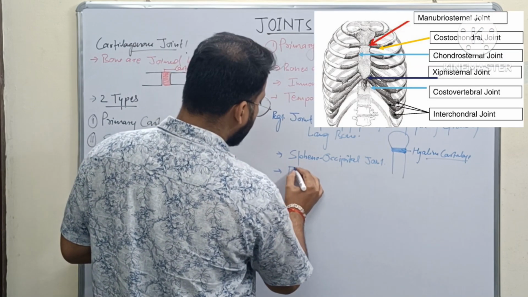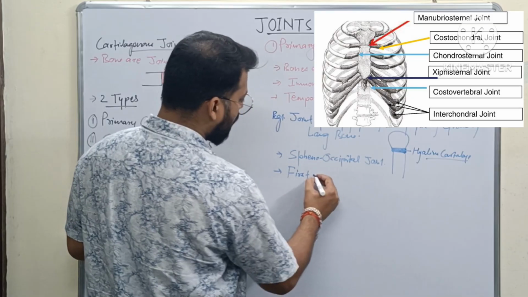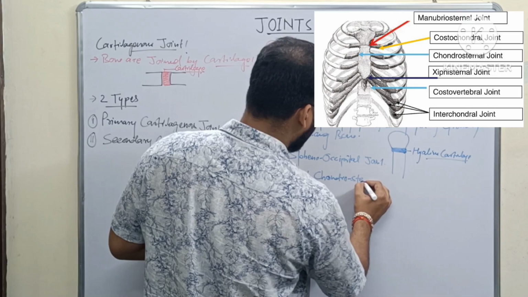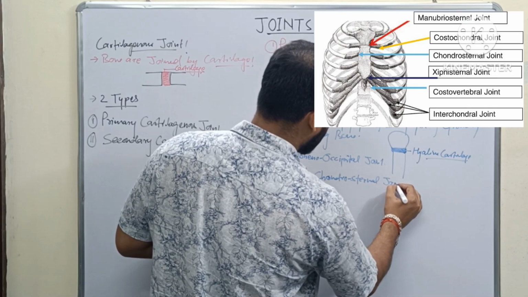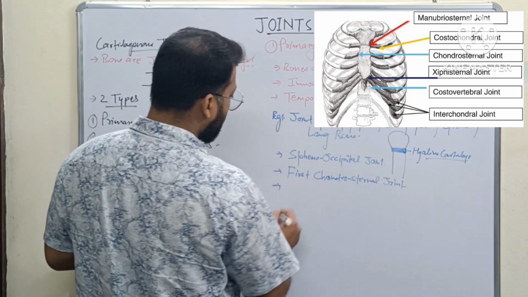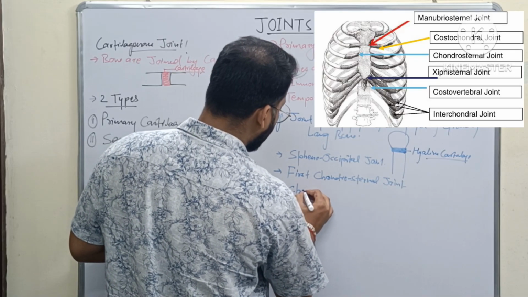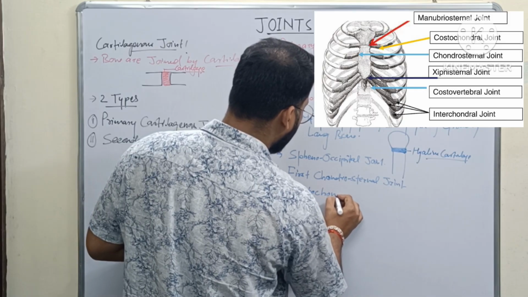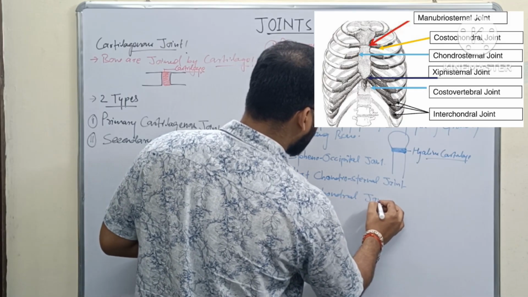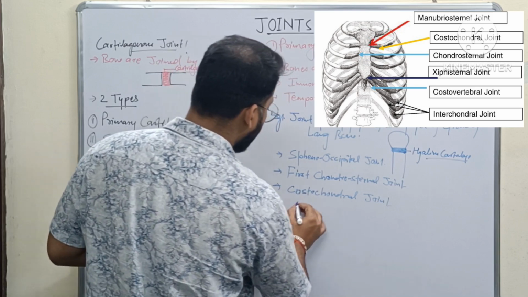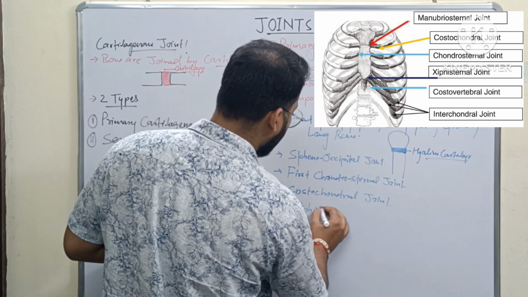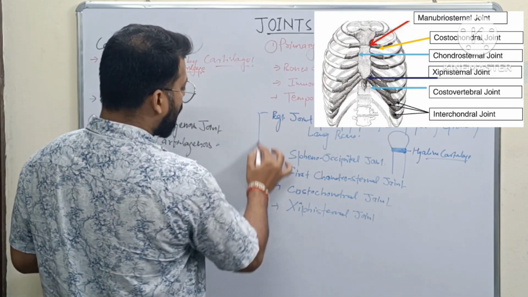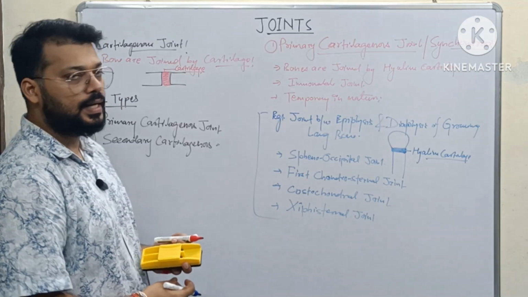Next example is first chondro-sternal joint. Next example is costochondral joint. Next example is xiphisternal joint. So all these are the examples of primary cartilaginous joint.